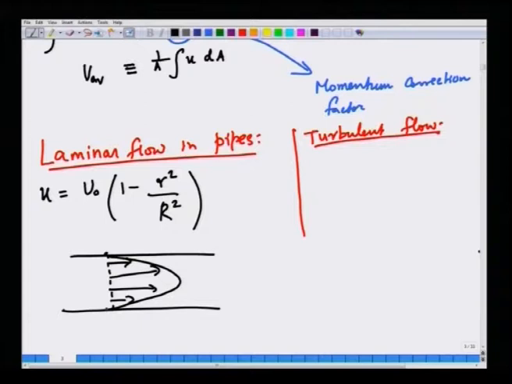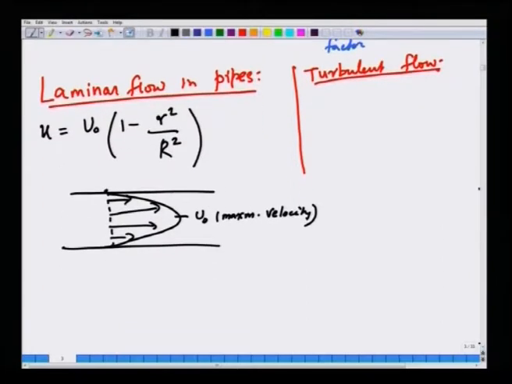Velocity goes to 0 at r equals capital R, and it is a maximum, u naught, at the center, at r equals 0. This is both an experimental fact, and we will illustrate how to derive this theoretically by doing the differential momentum balance a little later in the course, but right now we will just take it as an experimental fact.